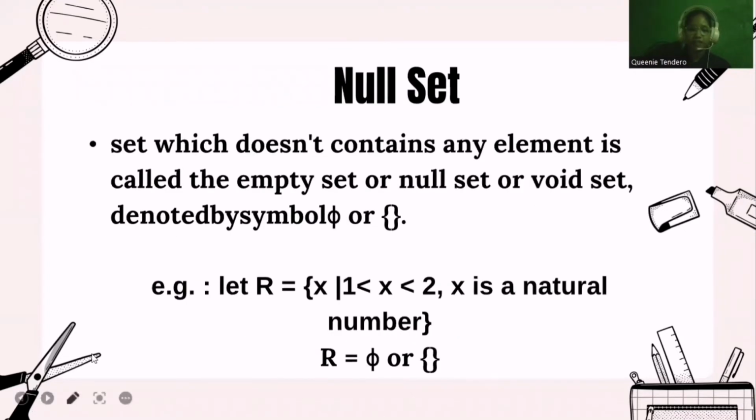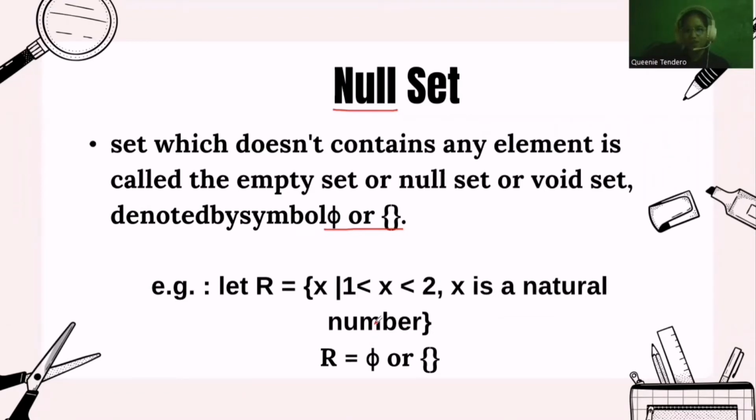Okay, for the null set, please read, Ms. Braza. Thank you so much, Ms. Braza. So null set, from the word itself, null, means empty or void, or wala. It is denoted by this symbol or this. For example, let R equal x such that x is greater than 1 and less than 2, where x is a natural number.